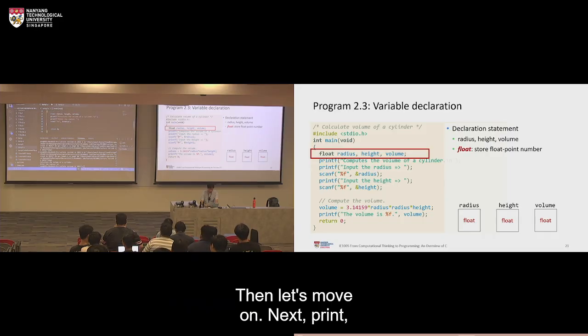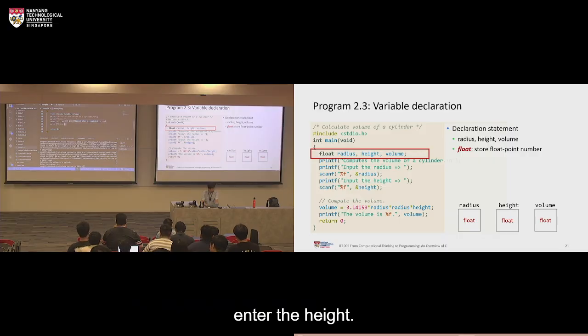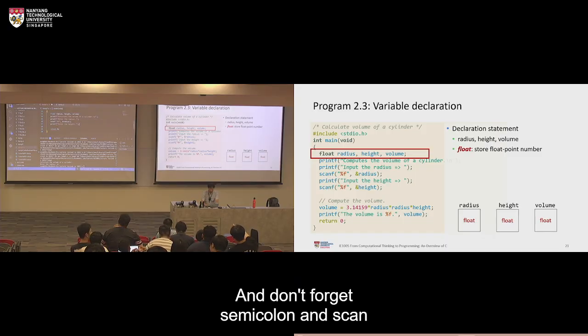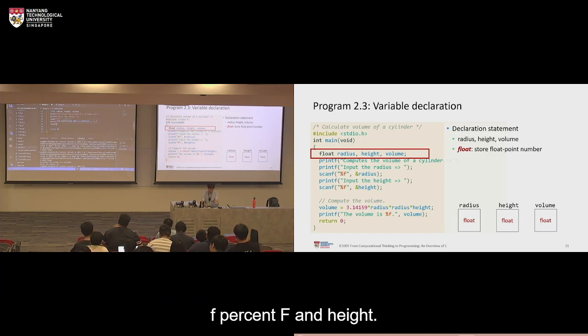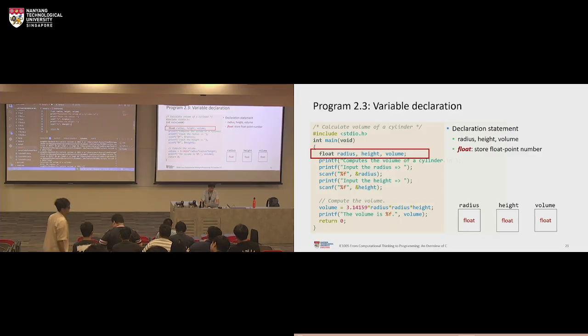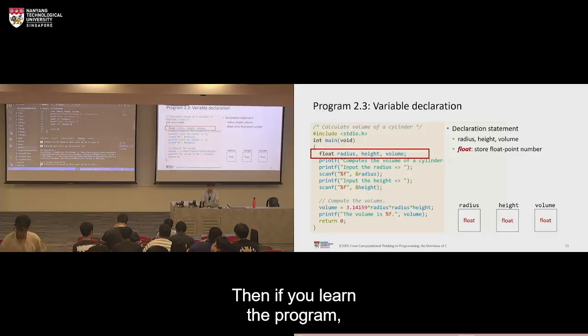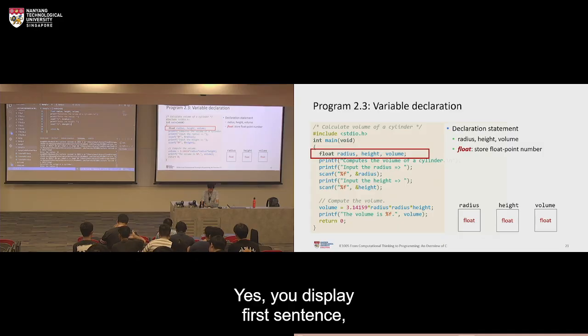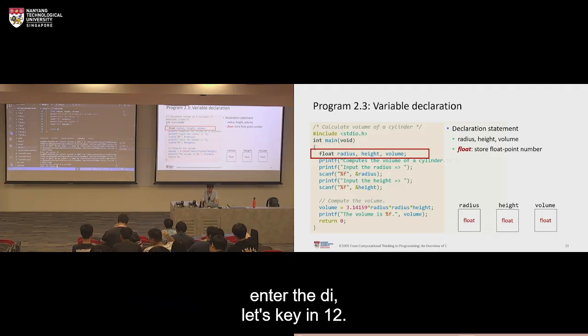Next, printf, enter the height. And don't forget the semicolon. And scanf, %f and height. Then if you run the program, yes, you display the first sentence, enter the radius, let's key in 12.